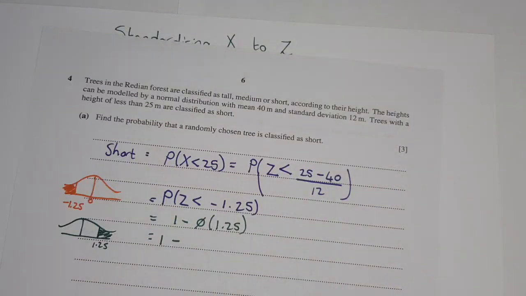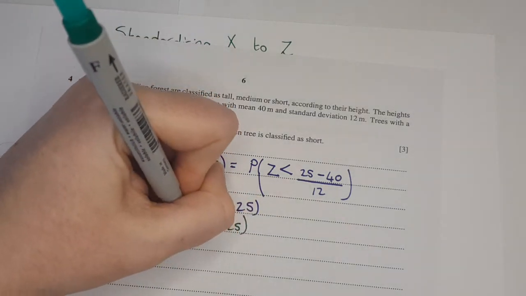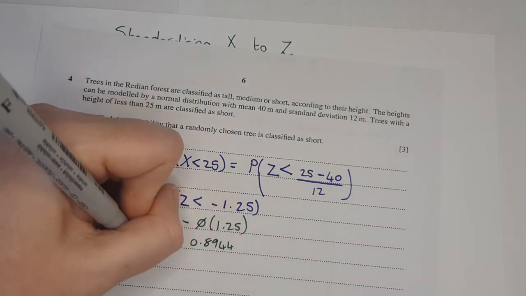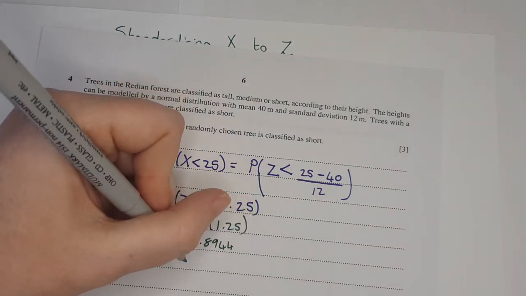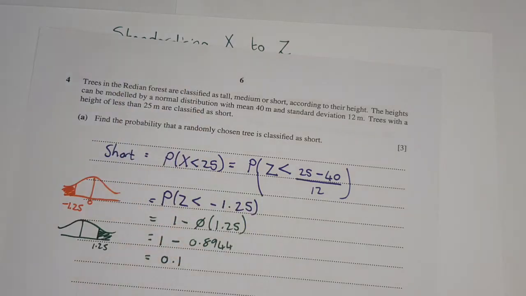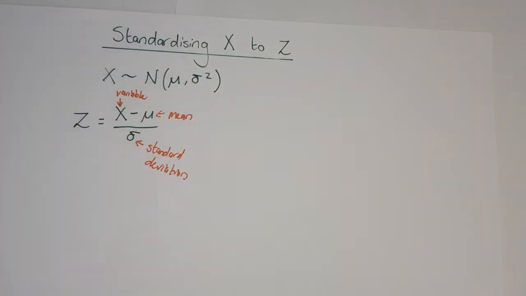So then I say 1 minus 0.8944 to get my final answer of 0.106. Okay, so there is now my probability of my short tree. Okay, so that's all we have to do for our sums. So let's look at another example.